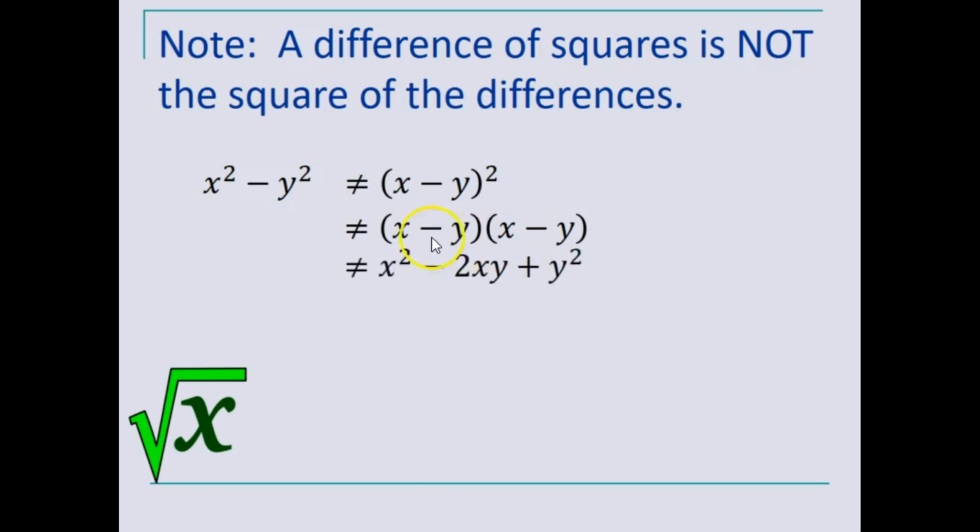When we use the FOIL method, first terms is the x squared, last terms is a positive y squared, which already shows a disagreement, but we still have the outside and the inside to multiply for our binomial multiplication, which is generating this middle term. So this is certainly not the same as a difference of squares. A difference of squares will factor into square root of the first term, square root of the second, with a sum and a difference in each of the two binomials.